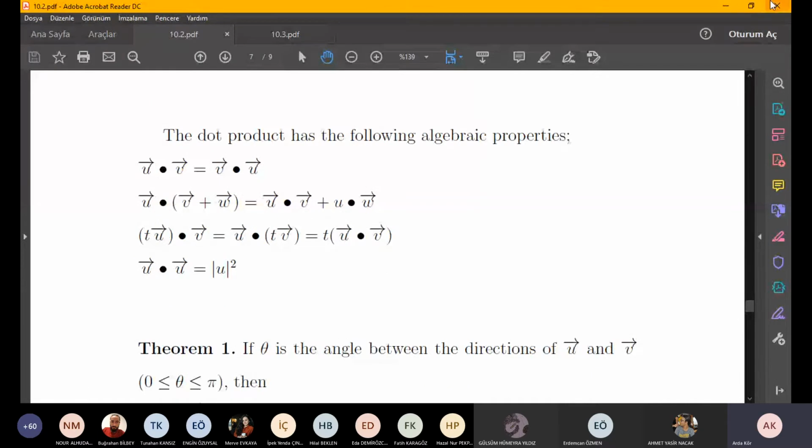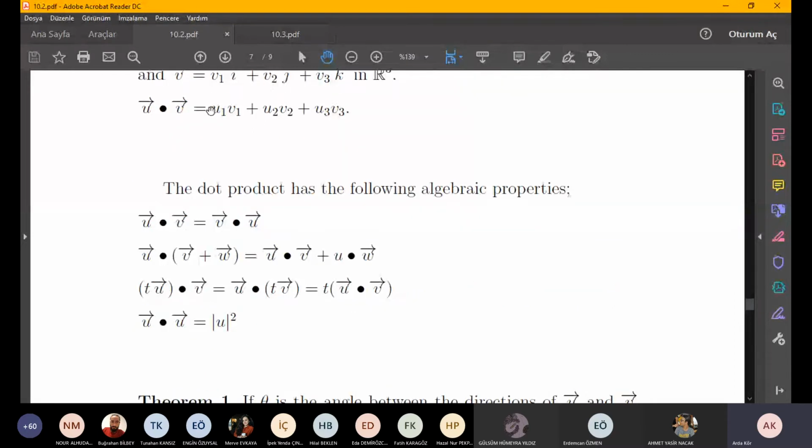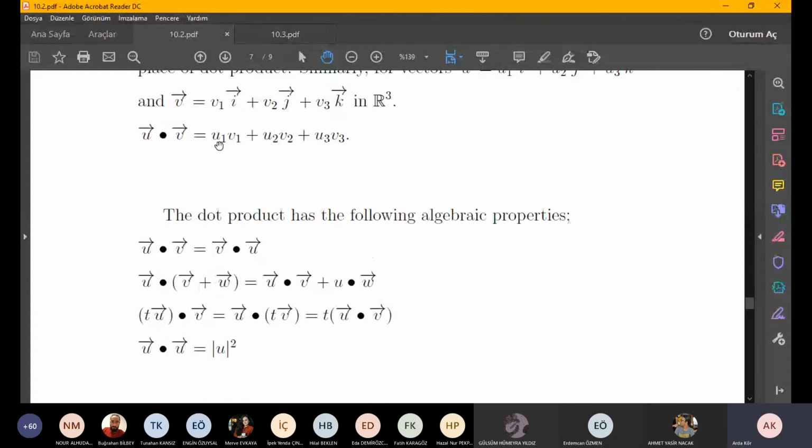So maybe you wonder why we have such a product that we call the dot or scalar product. After trying to find the angle between any two vectors in n-dimensional space, there will always be a solution which includes that expression.